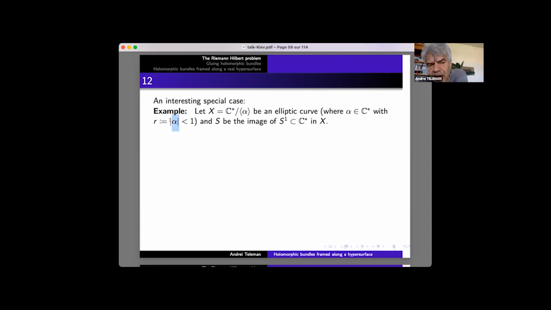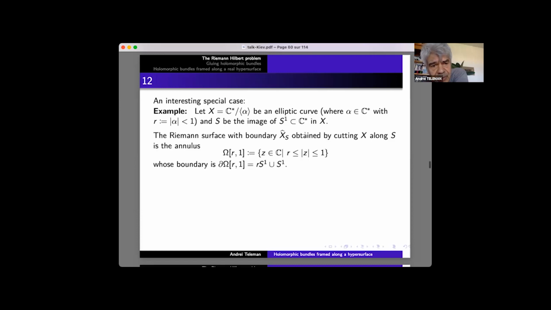I take an alpha, a complex number in C star with modulus strictly smaller than 1. So I factorize C star by a complex linear contraction. And every Riemann surface of genus 1, every elliptic curve if you wish, can be obtained in this way. And I take S to be the image of S1 in X.